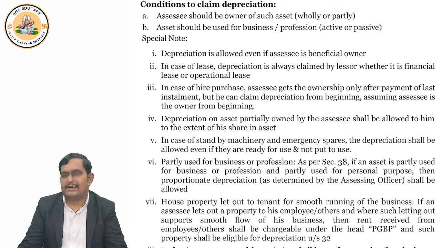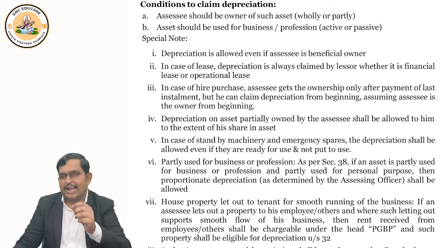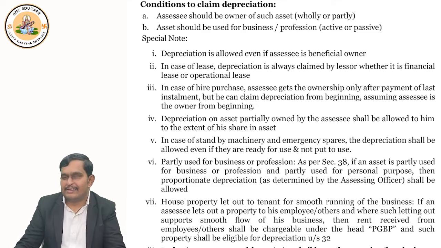So 1/3 of the building cost we can show as an asset in our income tax records, and on that we can claim depreciation. Okay. So whatever asset is used for business, to that extent we can claim depreciation.